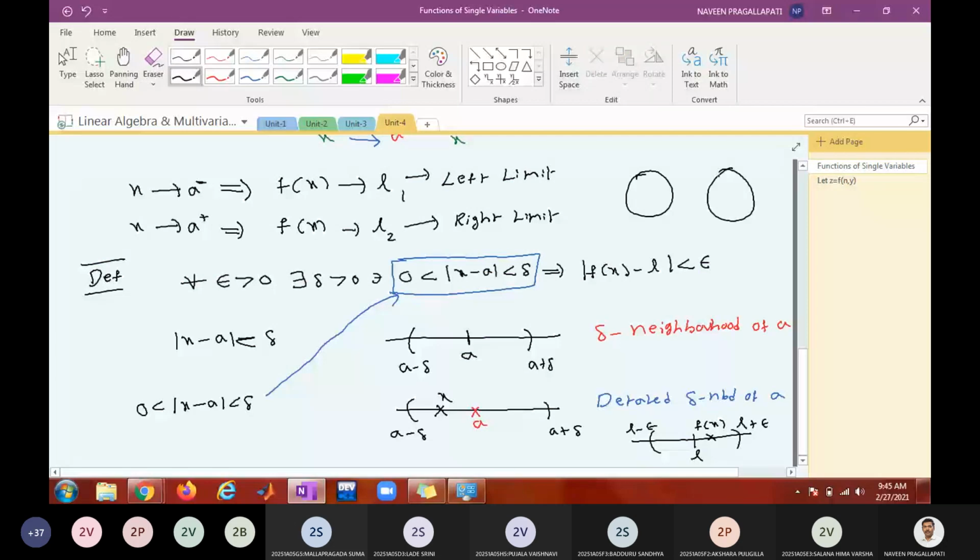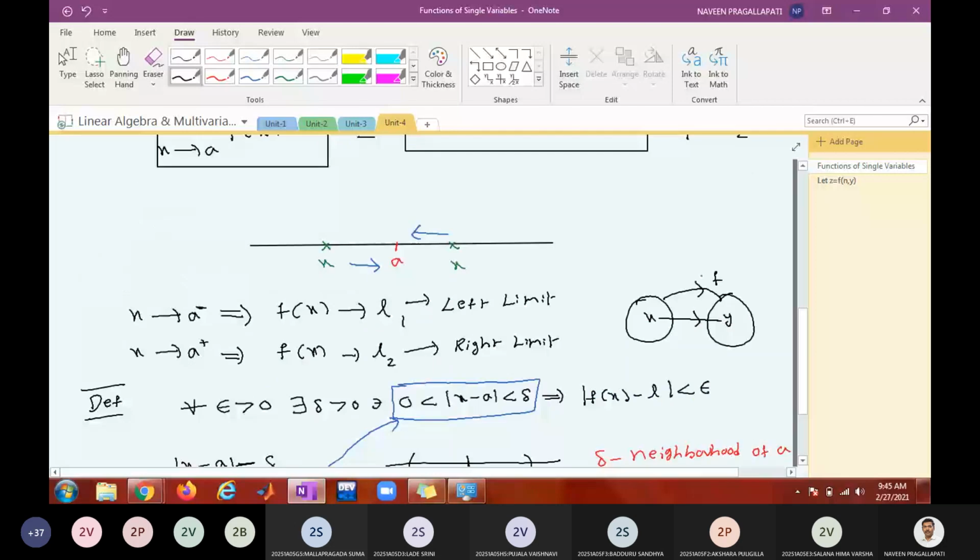The function is f. X is related to y. Y is called the image of x under f. The relation between x and y is y equal to f of x. X is input, y is output. Y is the image of x. Do you understand?